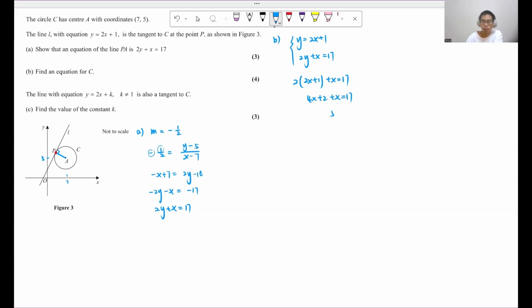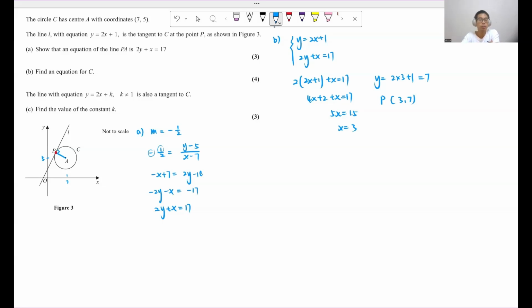So 4x plus x is 5x, 17 minus 2 is 15. So x is equal to 3. And if x is equal to 3, then y is equal to 2 times 3 plus 1, which is 7. So therefore, coordinates of P are 3, 7.